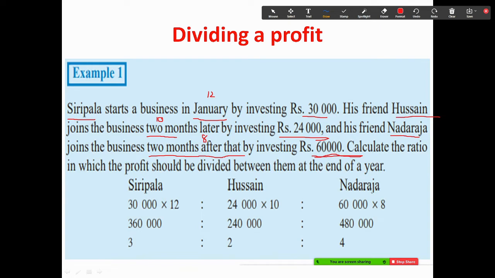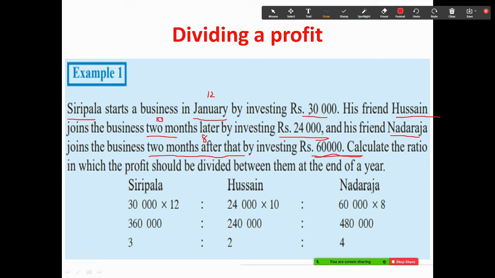Calculate the ratio in which the profit should be divided between them at the end of the year. Now you know when we are writing the ratio, you have to get the product of amount and period. Amount into period. Let's write the names: Siripala to Hussein to Nadaraja.